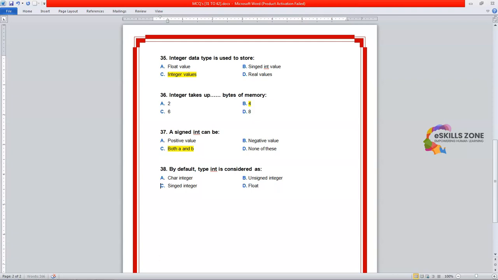And the right answer is option C, signed integer.